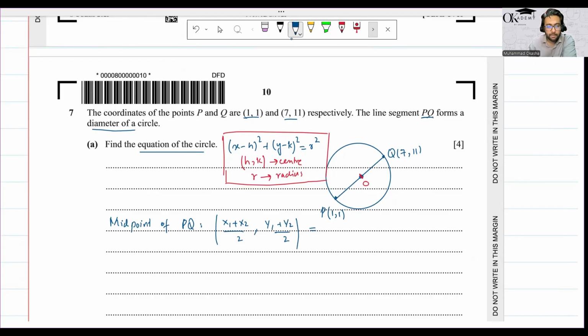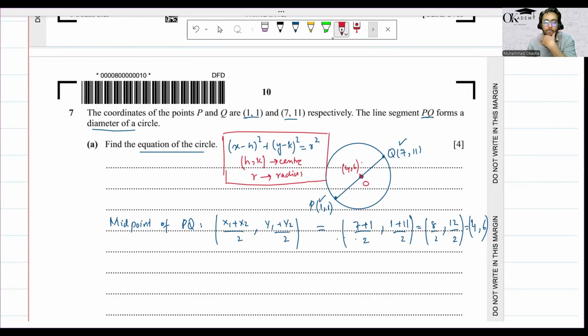With P (1, 1), this is going to give me (1 plus 7) over 2, (1 plus 11) over 2, which gives me 8 over 2, 12 over 2, which is going to give me 4, 6. That's my center, (4, 6).